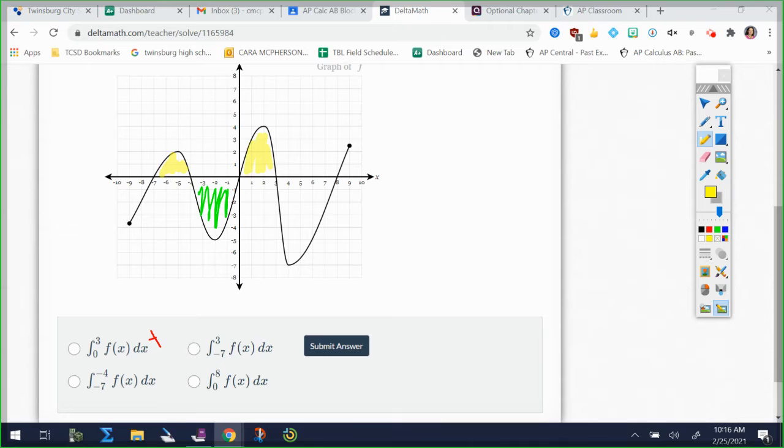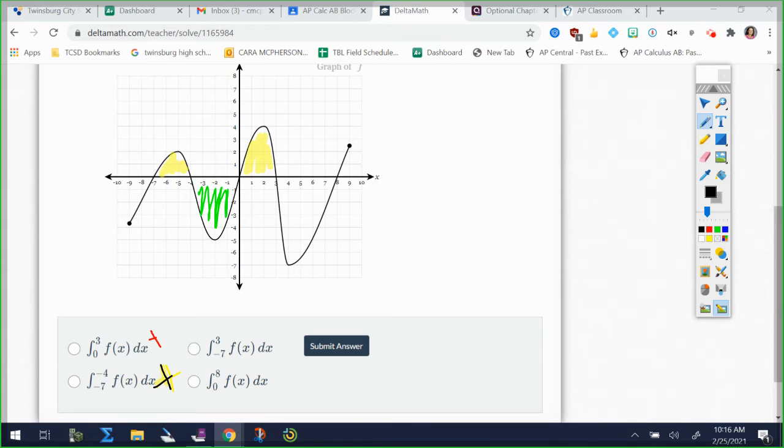While I'm not totally sure if that answer is positive or negative, it's going to be smaller than 0 to 3, because you definitely have more green stuff from negative 4 to 0 than you do the extra yellow stuff from negative 7 to negative 4. So this one's going to be a little bit smaller. Negative 7 to negative 4 is definitely positive the whole time. I want to write that in pen, because it's always positive.